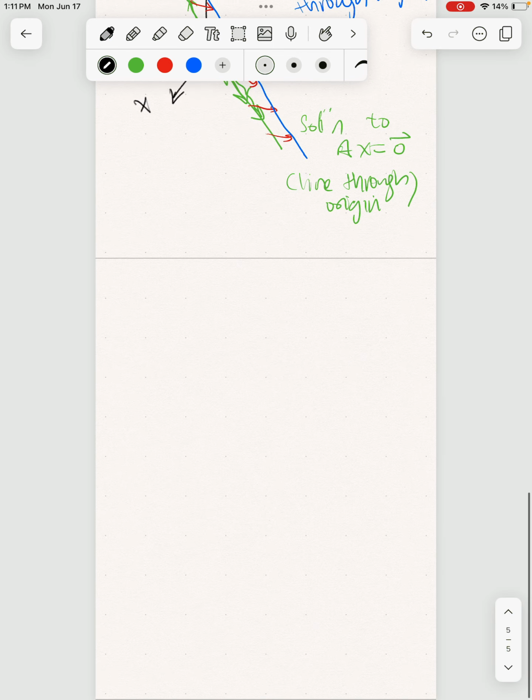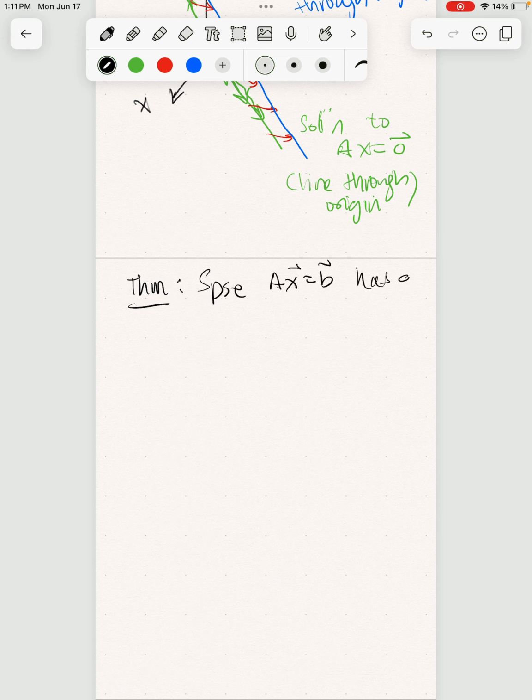Okay, so we're ready to state the general theorem now that we've seen an example of what we expect. So the theorem is, suppose that Ax equals b is consistent. Right? So suppose it has a solution. And let xp be one solution to Ax equals 0.